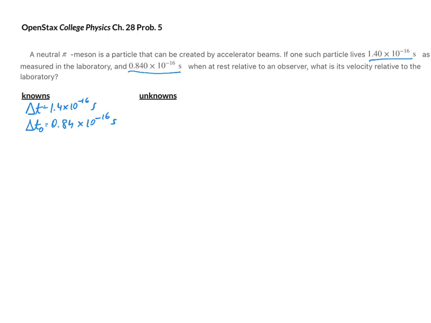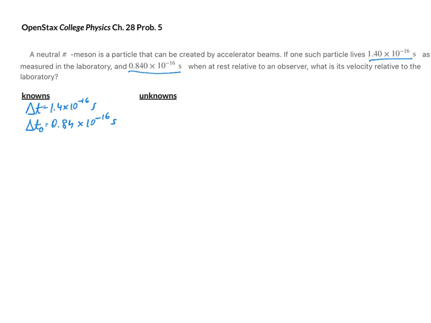So that means that the lab is measuring a different time than the time that the observer at rest with respect to the pi meson was measuring. So the observer at rest in the frame of the moving pi meson measured the proper time, whereas an observer in the lab will measure a different time, and that's going to be the dilated time.